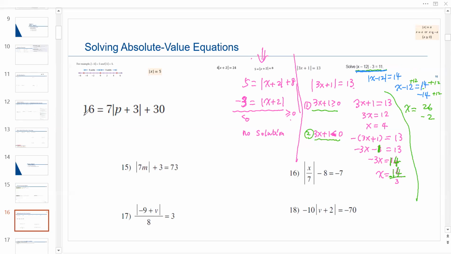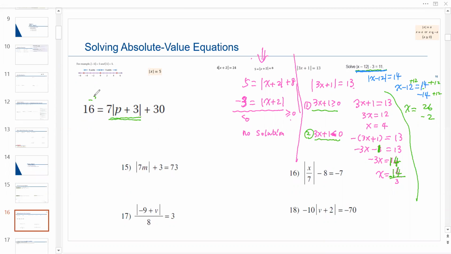Firstly, we consider this as one part, one variable, right? We cannot get rid of this parenthesis right away. We need to consider this as an expression or as a variable by itself. So let's move everything to the left and keep this part on the right.